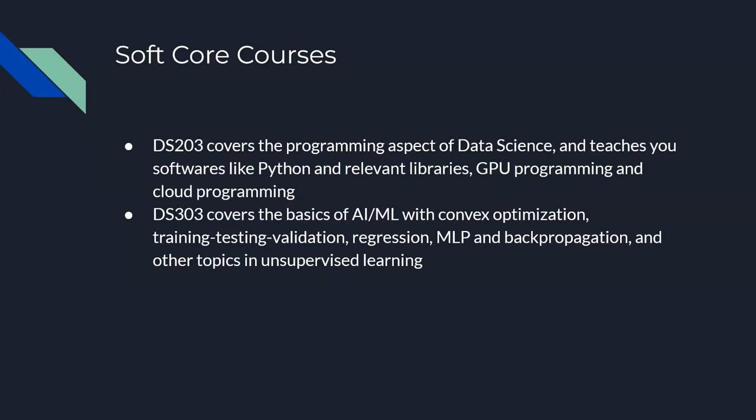But it'll basically set you up for understanding and exploring more if you need, right? And DS303 covers the basics of AI ML, along with optimization techniques and the training, testing, validation, etc. So these are topics that you will basically need for every kind of ML architecture or model that you do, right? And DS303 covers that.